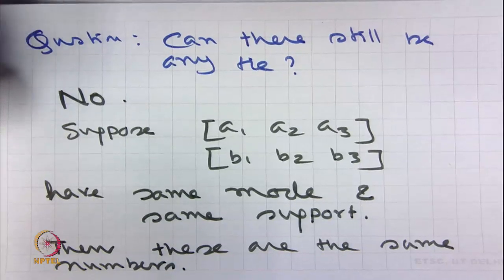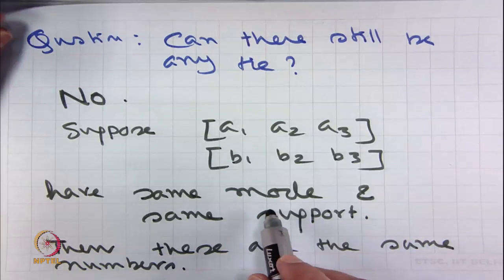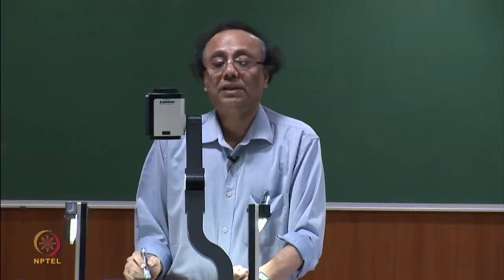Or in other words, if two TFNs have the same mode and same support, they are actually the same number.